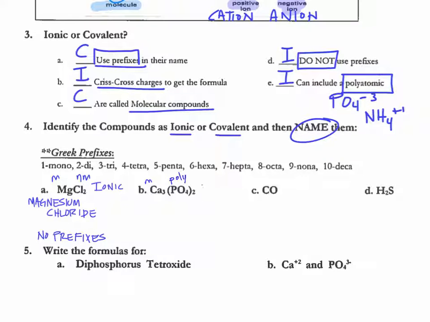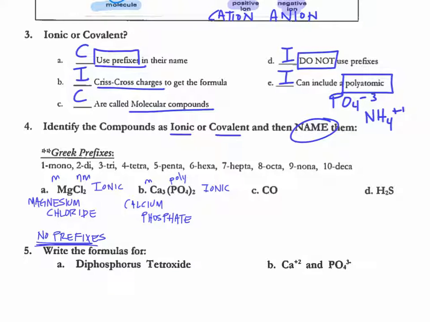So this is ionic, which means, again, no prefixes. So first the full name of the metal, which is calcium, and then the full name of the polyatomic ion. So the polyatomic ions do not get IDE. We list their full name, whether they're at the back half of the formula or the front half. So this becomes calcium phosphate.